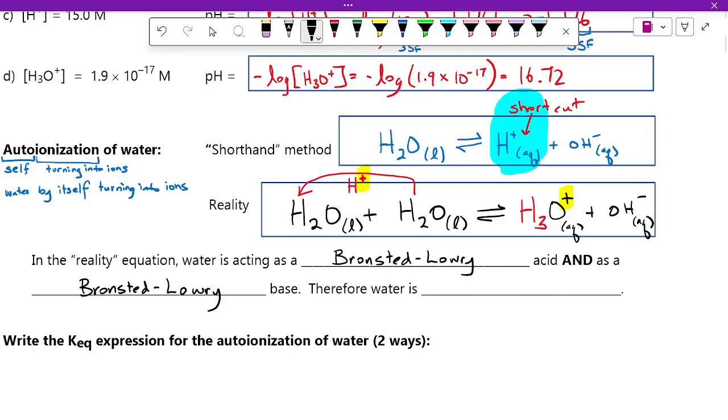Well, a Bronsted-Lowry acid is a substance that donates H plus ions to another species. So the Bronsted-Lowry acid donates H plus ions to another species.